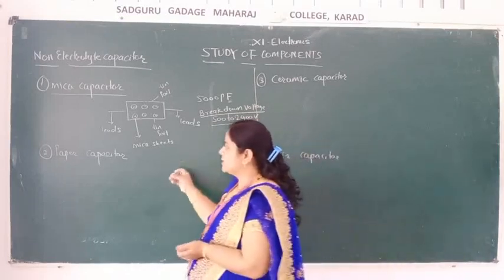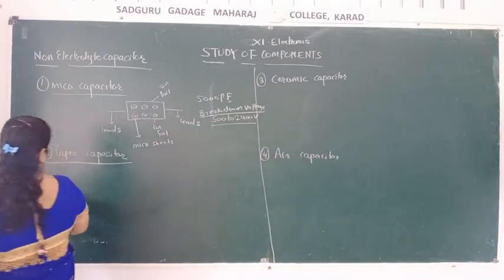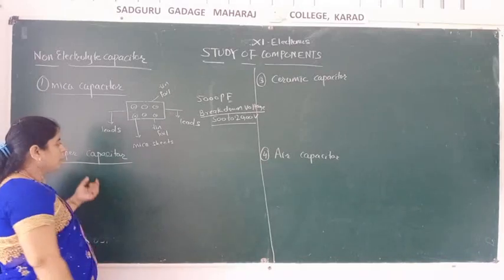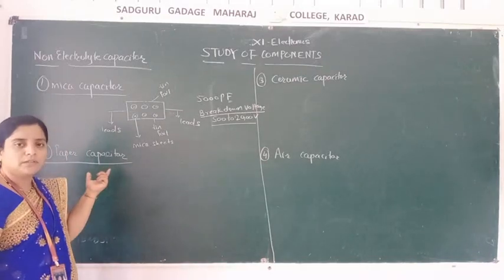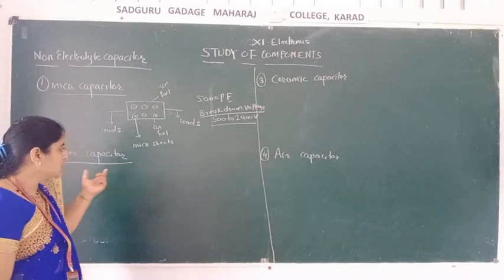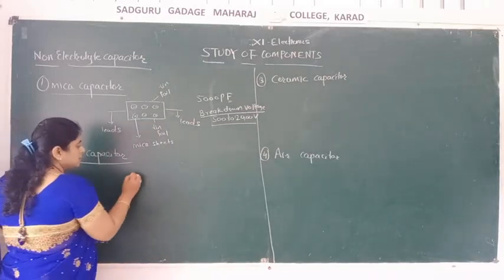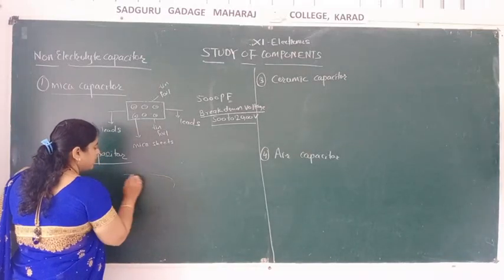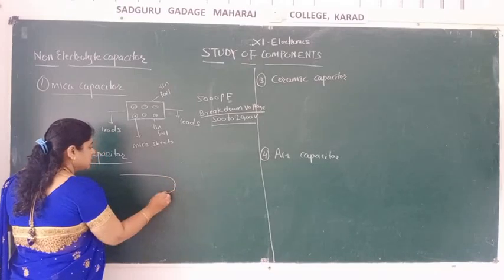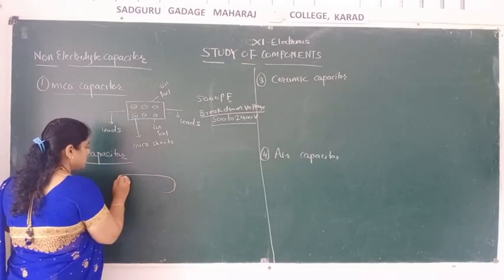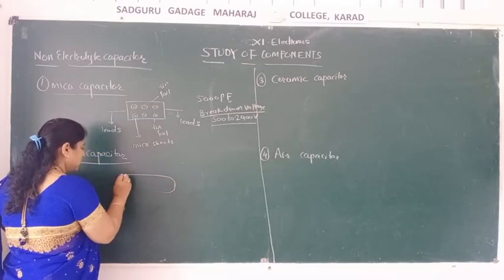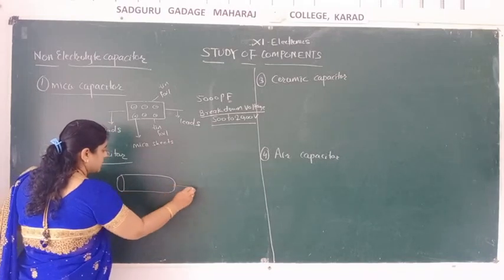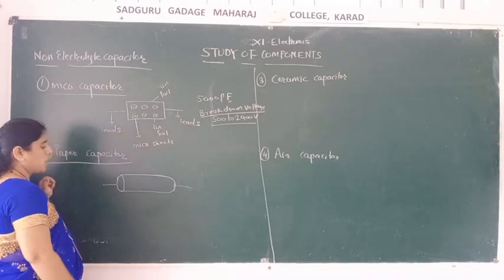Next is the paper capacitor. Can you tell me what the dielectric will be here? Come on, guess. The paper capacitor is cylindrical in shape like this. See, it has two terminals.